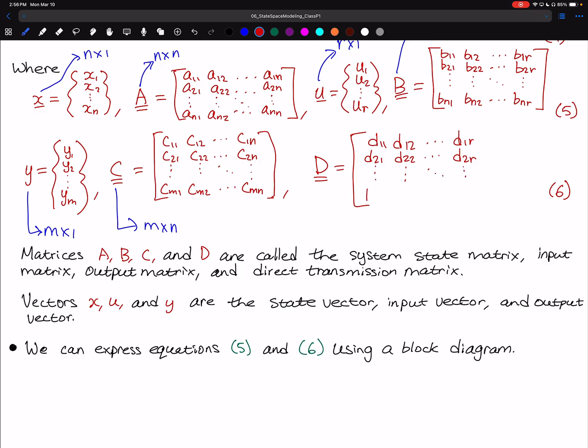We have Dm1 here, Dm2, and then Dmr, such that D is an m by r matrix. And then we'll see what this actually looks like when we do the examples.